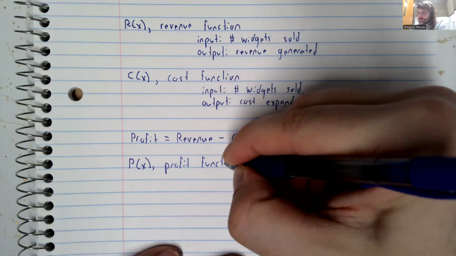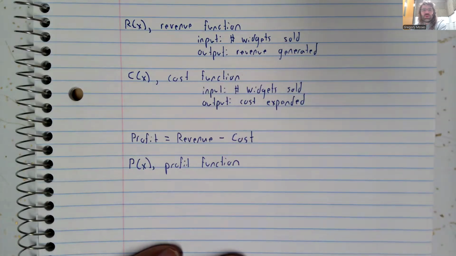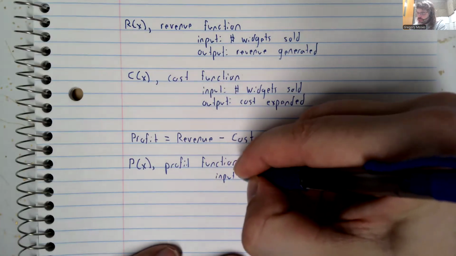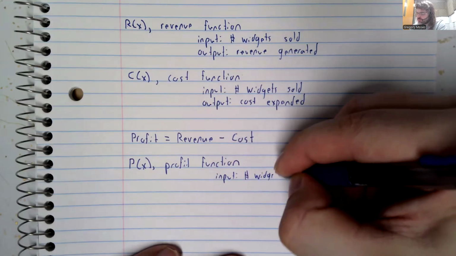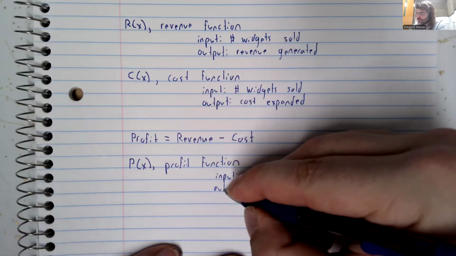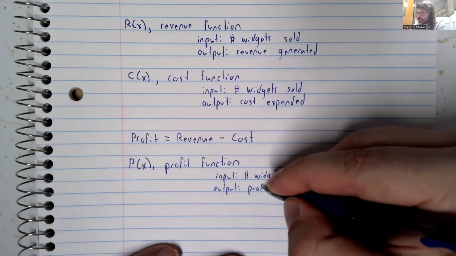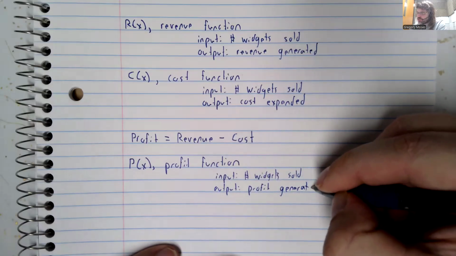The input and output are what you'd expect them to be. The input is going to be the number of widgets sold. The output is going to be the profit generated.